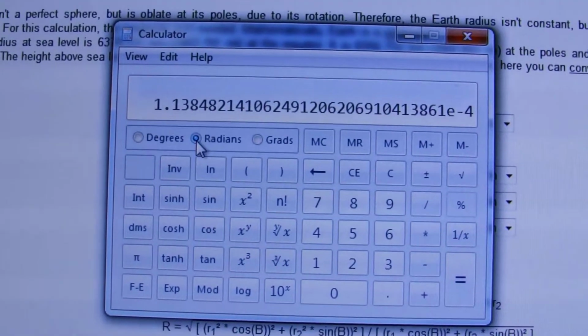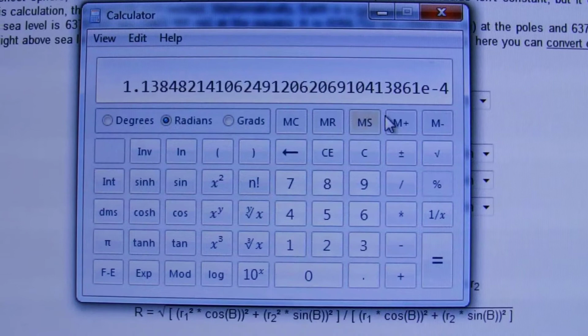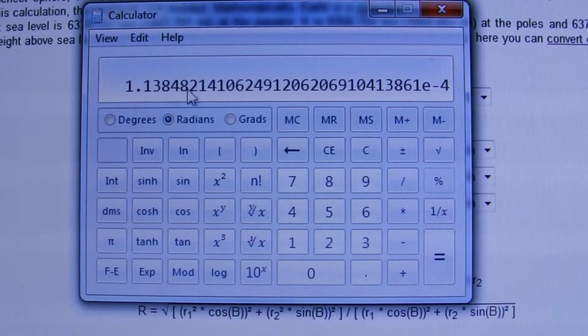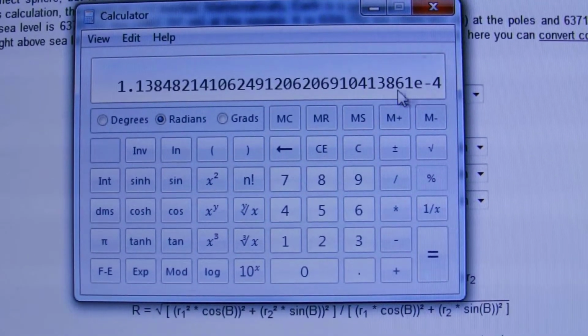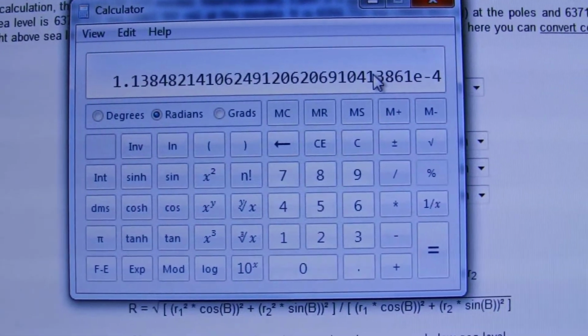So it's mucking around with 2 pi, it's just that many radians. Notice this thing at the end here, e minus 4. It's that lot times 10 to the negative 4, also known as that lot divided by 10,000.